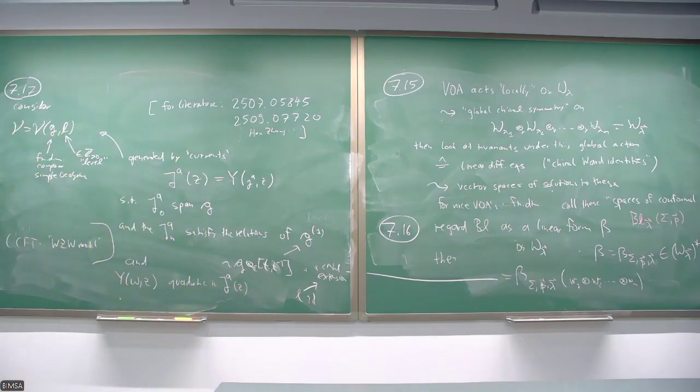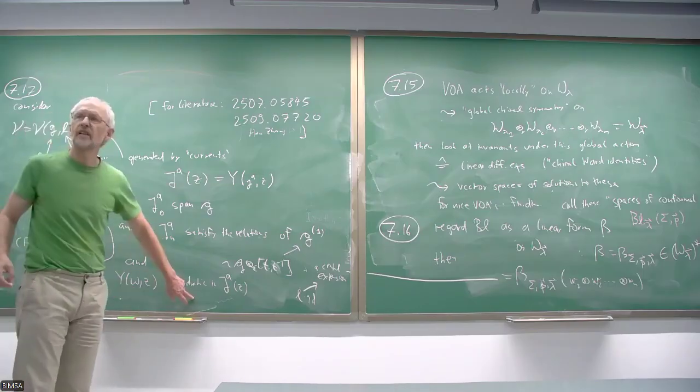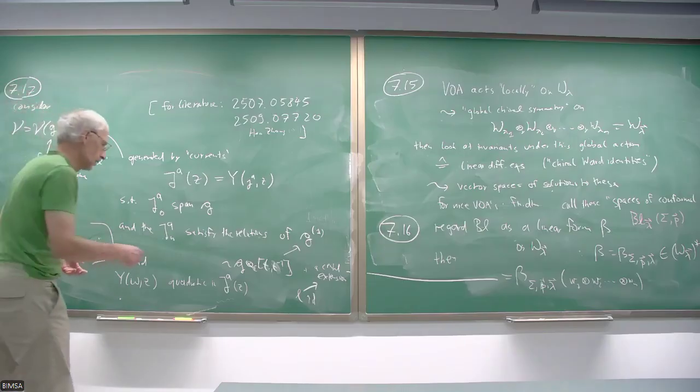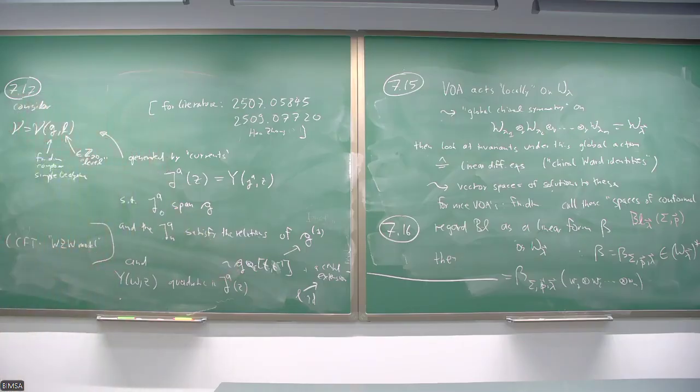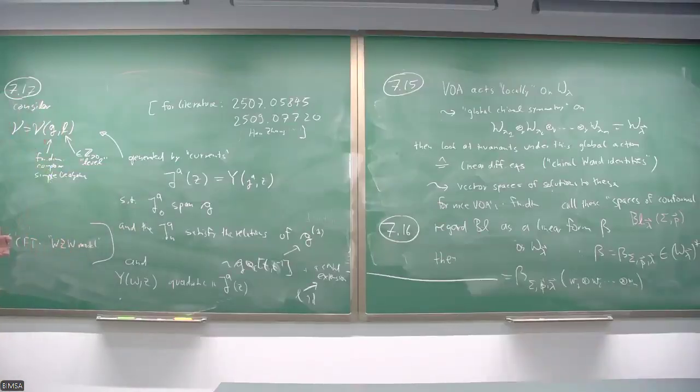And in addition, the energy momentum tensor, so this field corresponding to the conformal vector, is a quadratic expression in the J^a's, namely just J^a, J^b, contracted with the Cartan-Killing form, and then normal ordered. And I don't want to tell you what normal ordering is. So this is not completely trivial, but it's something that you can describe easily. So in short, here you have such a conformal vector, but it's not something independent.